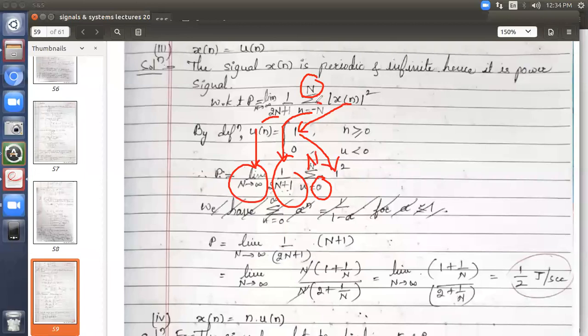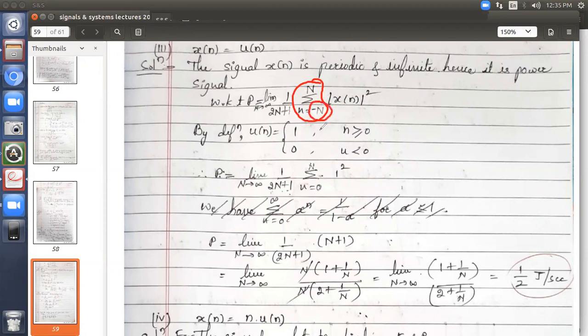In the formula, I am only changing the lower limit, that is, it starts from 0 and extends up to n. No doubt it is an infinite signal, but according to the formula, for power, I am taking the lower limit as 0 and keeping the upper limit n as it is, 0 to n.